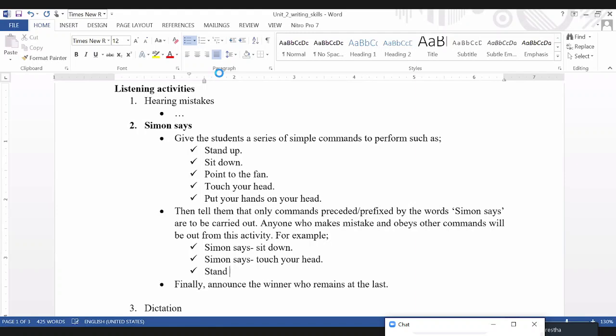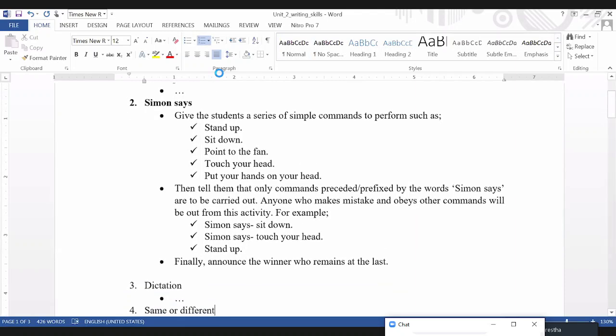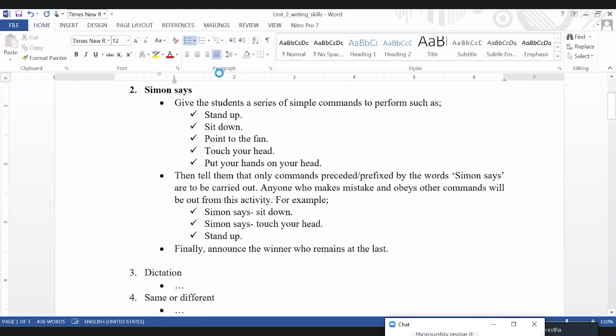Stand up. If students follow the stand up, they will be out from the activity. So they have to follow only Simon says sit down, Simon says touch your head. These commands they have to carry out. And if they carry out commands without Simon says, they will be out from the game. And finally, announce the winner who remains at the last.